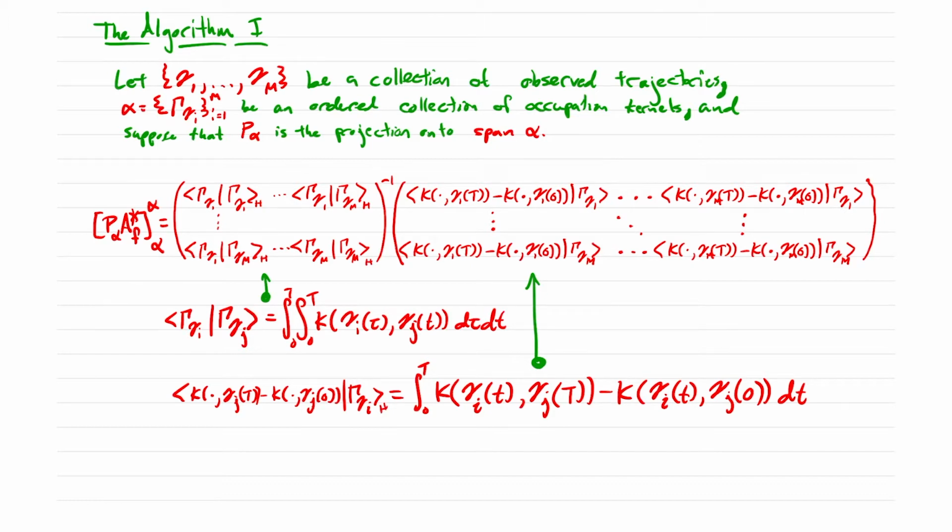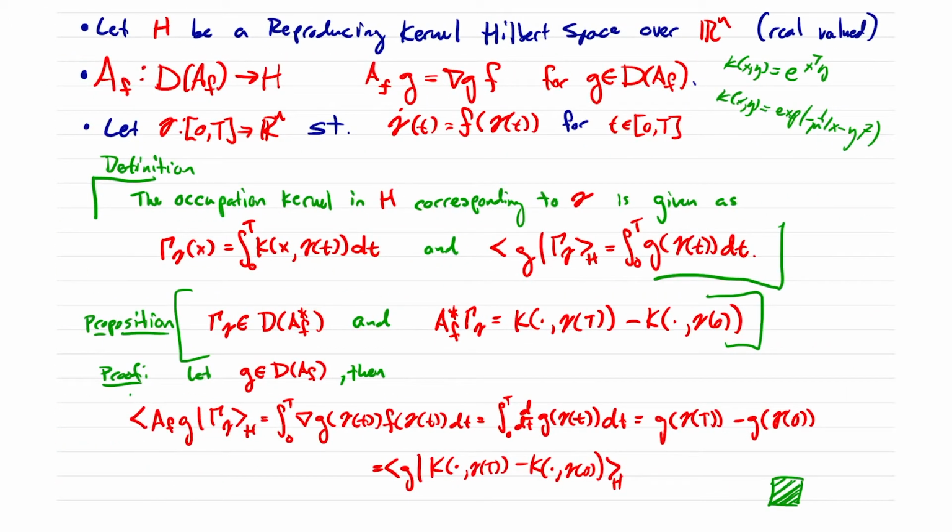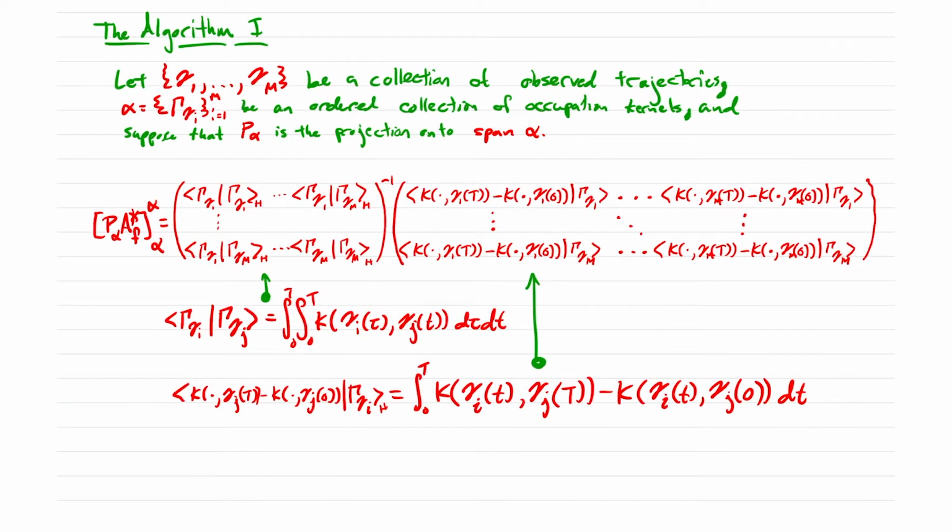Okay, so now let's take a look. What is this matrix that we're getting? We know, just from the previous page, that the occupation kernel itself, when it's hit against AF star, gives us a difference of kernels. Now we're going to basically take this, and that's what we get, this column here: this is what happens when we take AF star and we're hitting gamma 1.